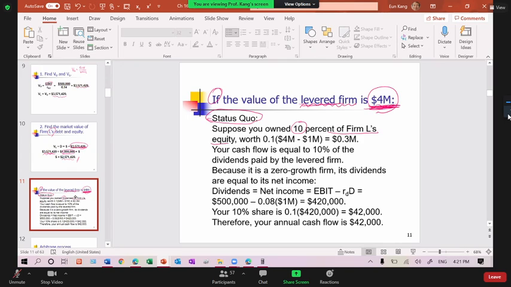Firm L is worth, we assume, 4 million, so 4 million minus 1 million of debt means 3 million is the equity of Firm L. You own 10%, so 0.1 times 3 million is 0.3 million.